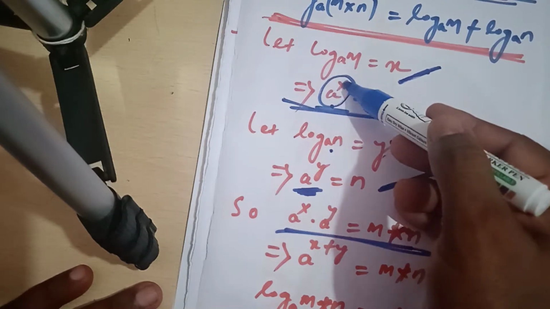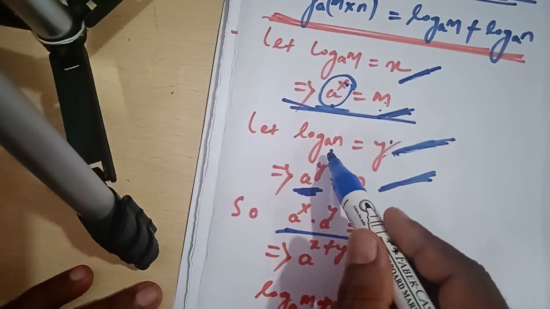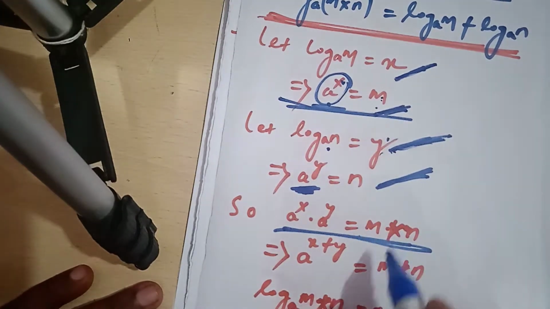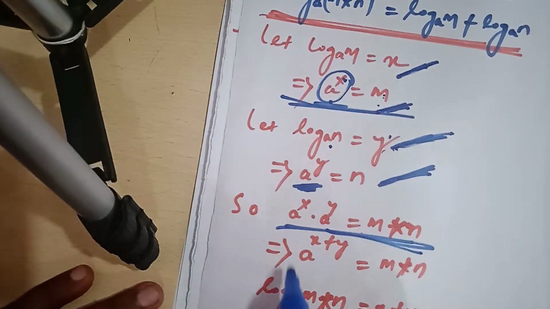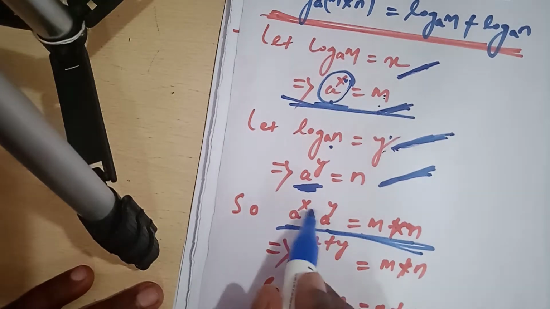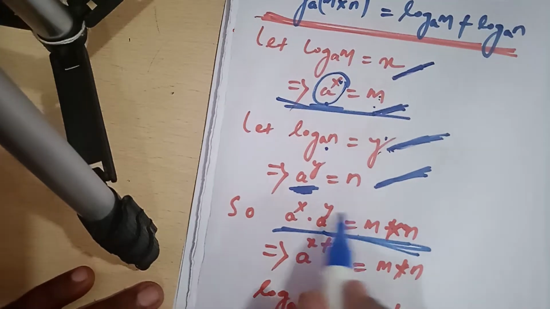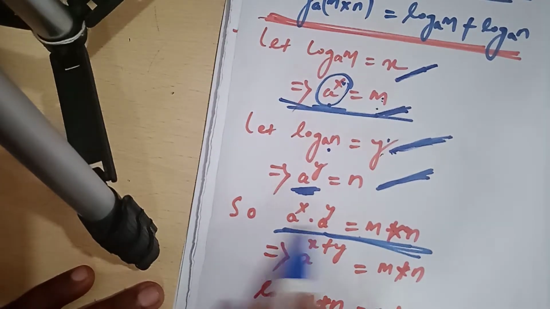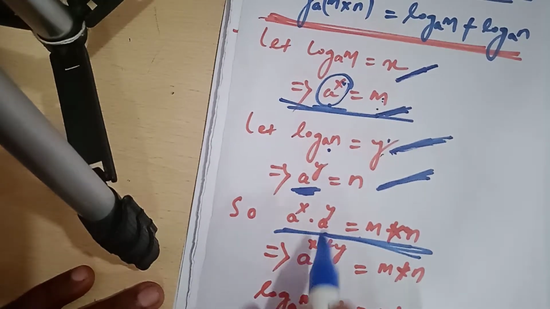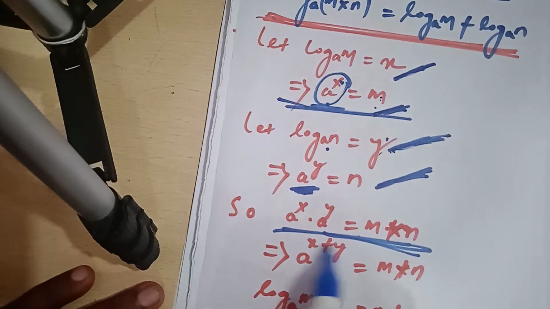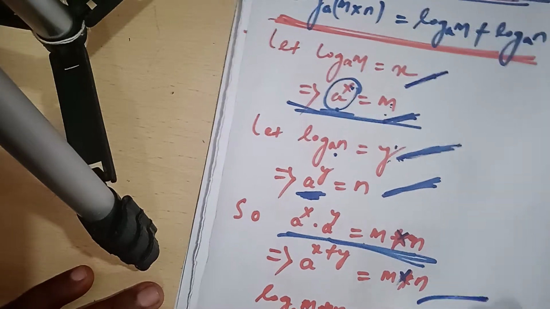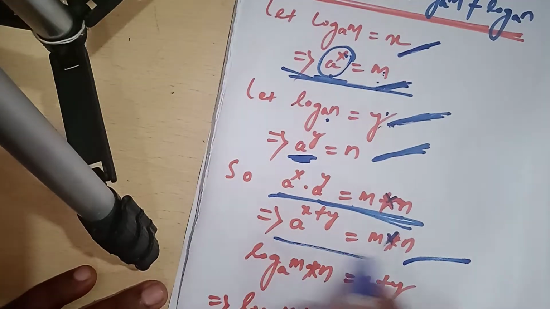If in case of a multiplication, the power is added, base is equal, a to the power x plus y is equal to m into n. This is exponential form.